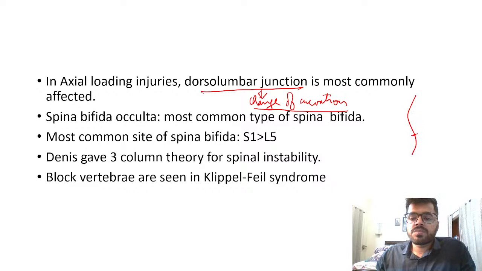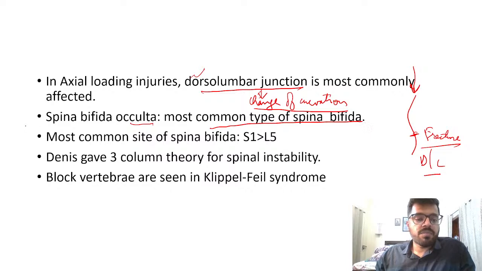At this point where the curvature is changing, if axial load is applied, this is where fracture can occur. Spina bifida occulta is the most common type of spina bifida. Most common site for spina bifida is S1 more than L5.